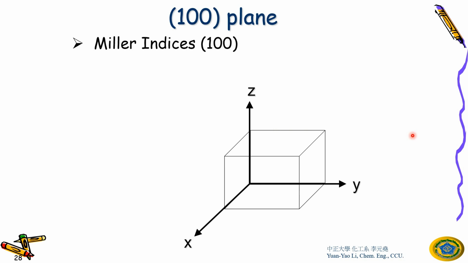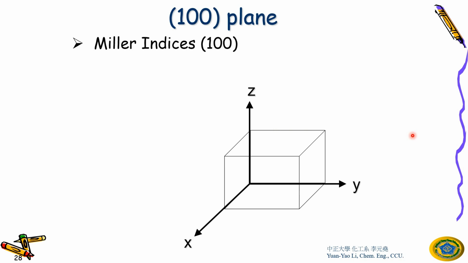If I give you the number parenthesis 100 parenthesis plane, can you draw this plane for me in terms of a cubic structure? How can you do that? You have 5 steps, right?